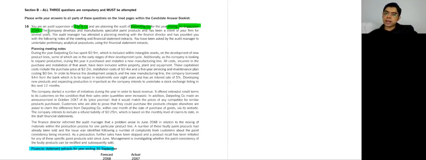Okay, let's read the scenario further, and we would first just be highlighting the relevant issues, and then we would go back to the requirement. But while we're reading, we would keep in mind that we're trying to answer a question on audit risks. So any information that we feel is relevant to audit risk, that you need to keep in mind. The company develops and manufactures specialist paint products and has been a client of your firm for several years.